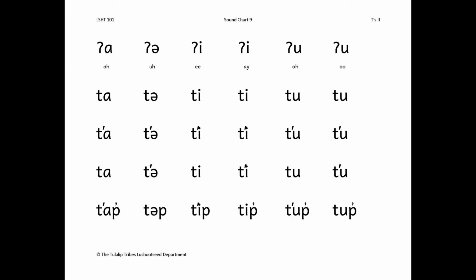Regular T, glottalized T. Ta, ti, te, to, tu. And last one, we're going to be combining T and P. First one, ah. Okay, first one, ah.